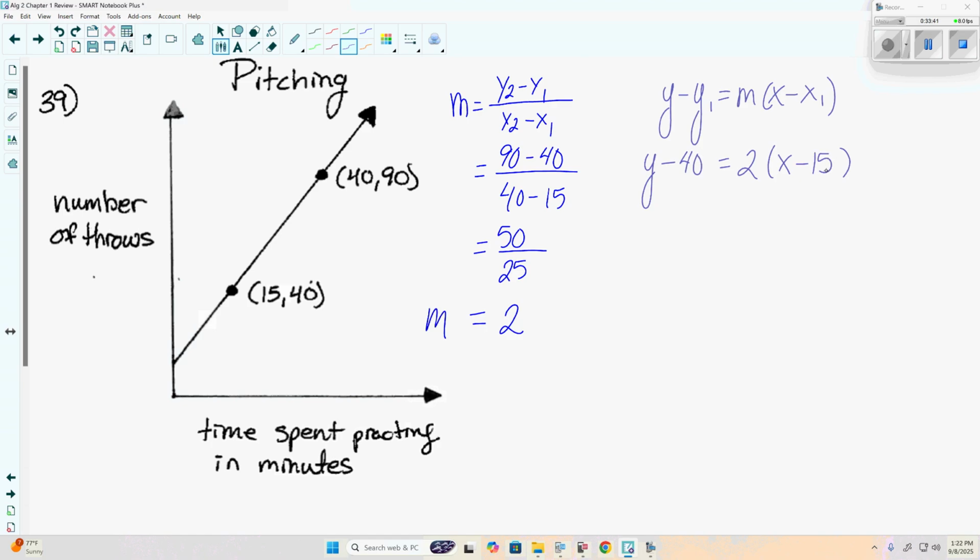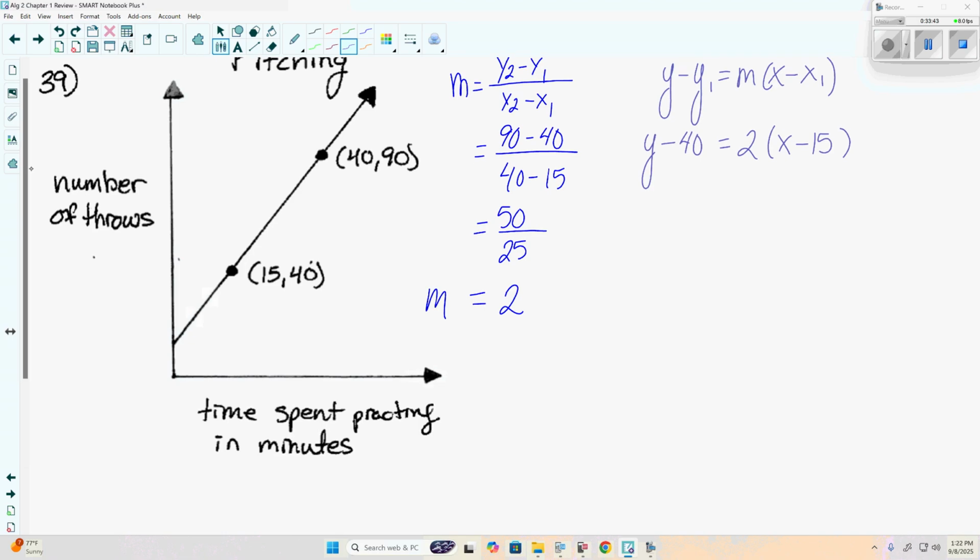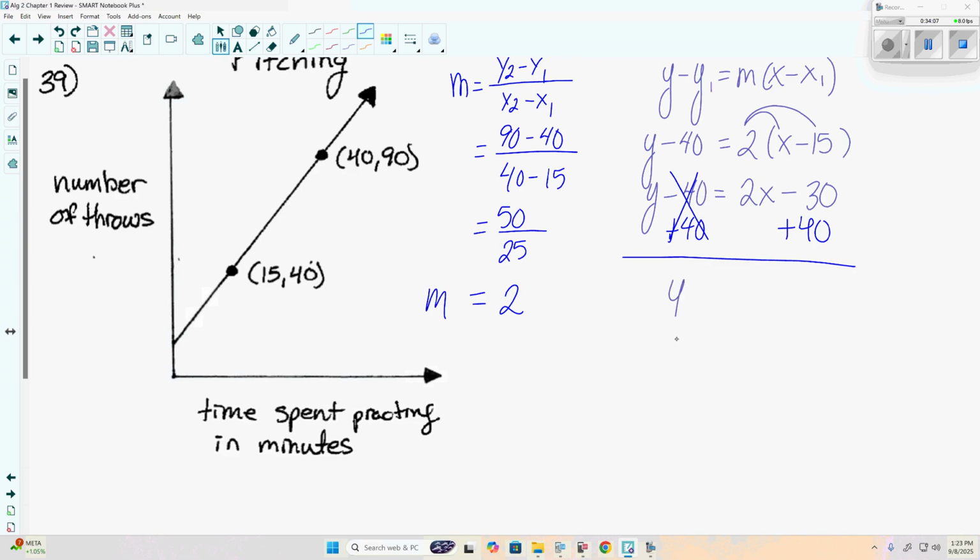So we plug the slope and the point in. Now we just need to get y by itself. First thing we're going to have to do is resolve those parentheses. Now our 2 times x is 2x. 2 times negative 15 is going to be negative 30. Now the only other thing we need to do to get y by itself is to add 40 to both sides, because our negative 40 plus 40 is 0.